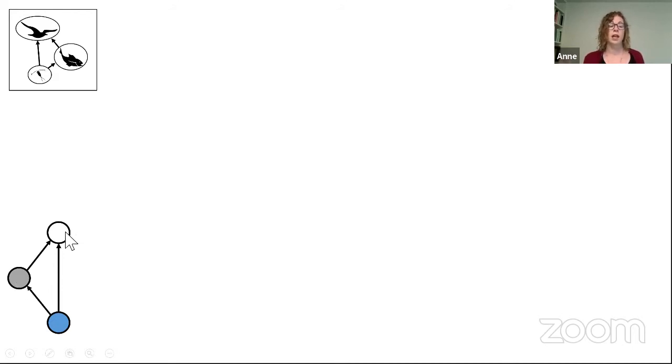This is one definition of omnivory, where the blue species has to be at the basal level of the food web, so you have to be competing for a primary producer or an autotroph. Another definition is just that the omnivore has to feed on 2 distinct trophic levels. In that definition, you don't even get competition at this lower level.